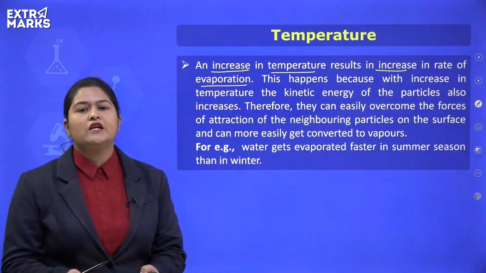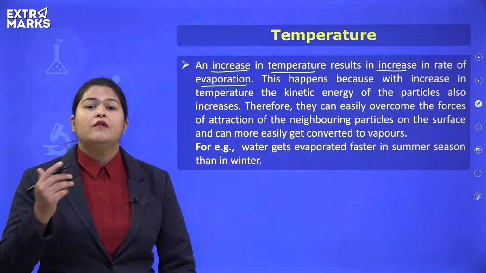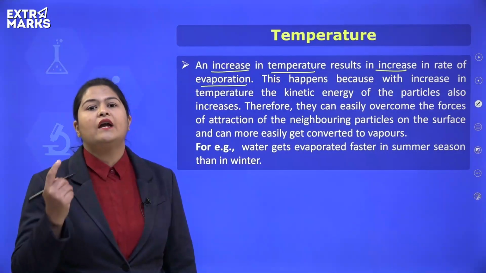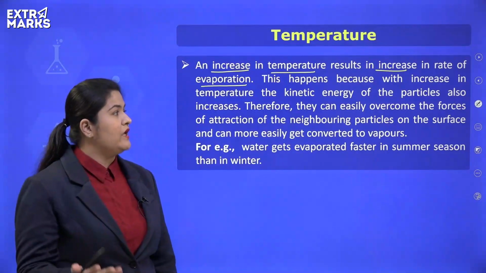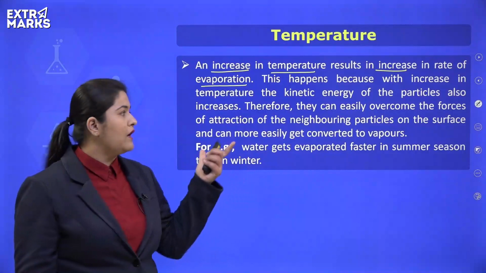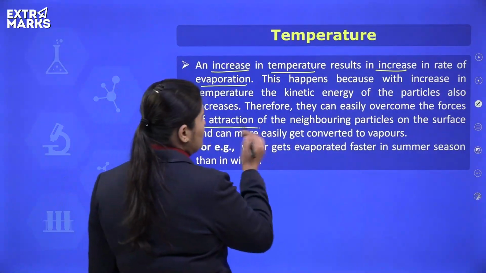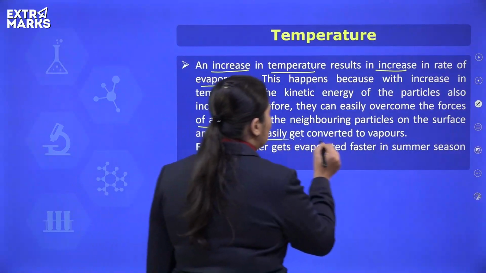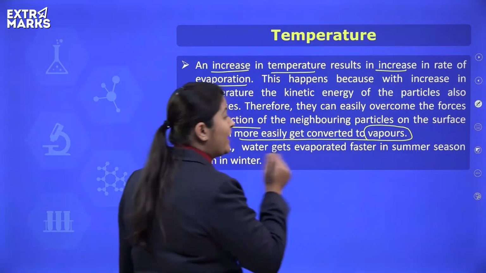Since more heat energy is available in the surroundings, the particles are able to absorb heat quickly and their kinetic energy also increases quickly. So, the particles are able to overcome the forces of attraction from the neighboring particles easily and get converted to vapor state quickly.